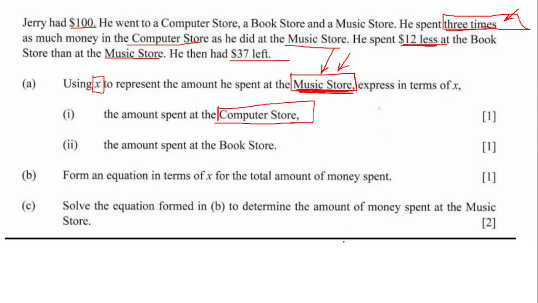Shania, do you know? I would say 3x. Why would you say 3x? Because he spent as much money in the computer store as he did at the music store, and then it's 3 times.